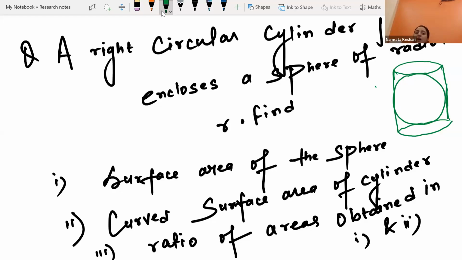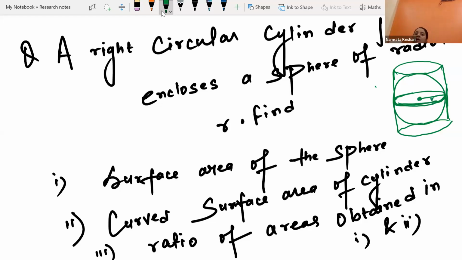So a right circular cylinder is enclosing a sphere of radius r. This sphere is having the radius r. Basically, we represent a sphere like this so that everybody can understand it's a three-dimensional shape. It is not a circular plate. It is a sphere which is having the radius r.